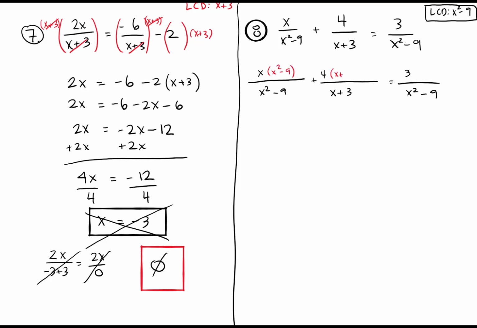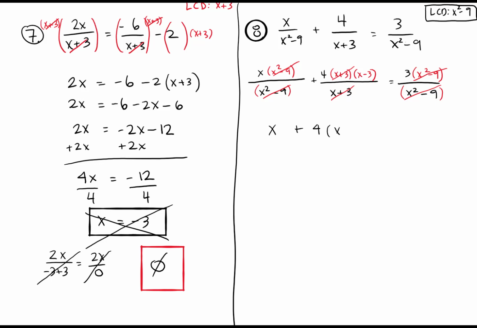And over here I'm going to write it in factored form, x plus 3, x minus 3, and here we have x squared minus 9. Those are actually all the same numerators. I'm just writing some of them in regular format, or multiplied out, and some in factored form. You're going to reduce them, and because we chose the LCD, that means I'm not going to have any fractions left over.